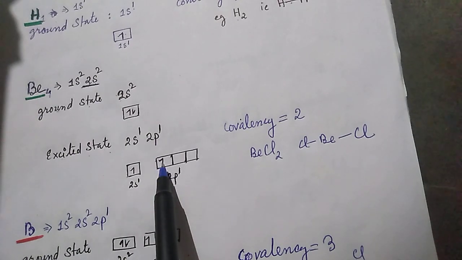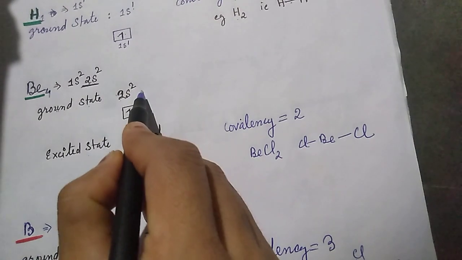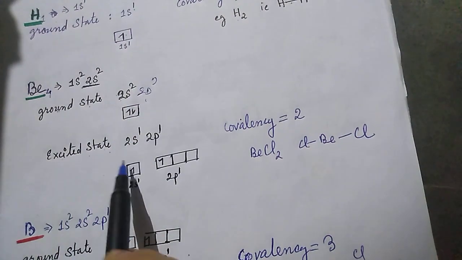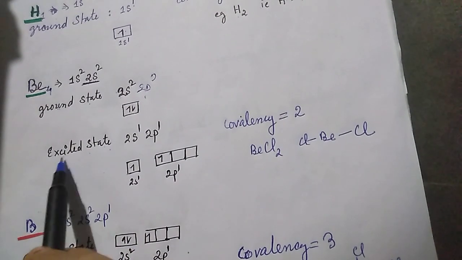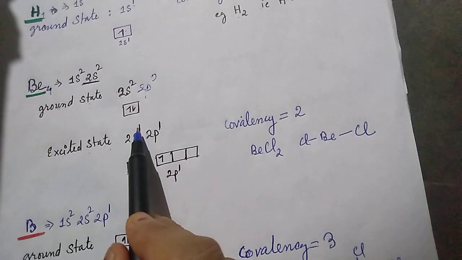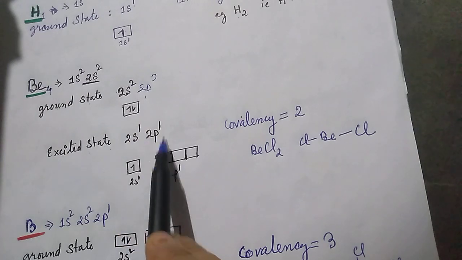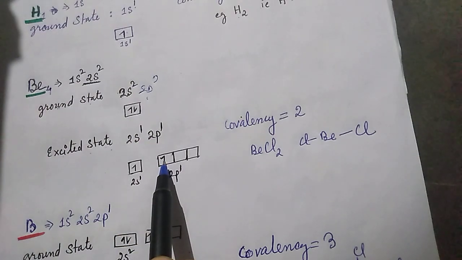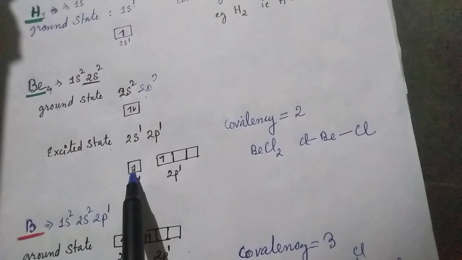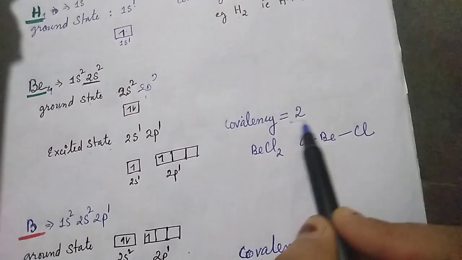Initially there were no p electrons. Now because of gaining energy, the s electron has been excited to the next orbital. So how many unpaired electrons do we have? 2. So your covalency will be 2.